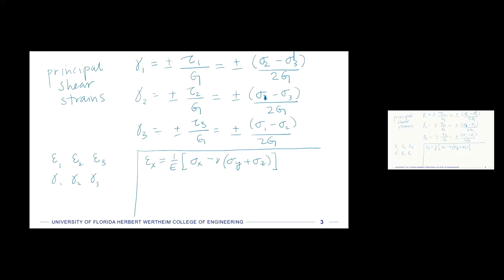But if we think about the cube and the other stresses that could be on it, we can also have a shear strain along x. So we would have gamma xy. Hang on, let me make sure I get this right.